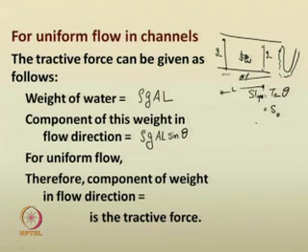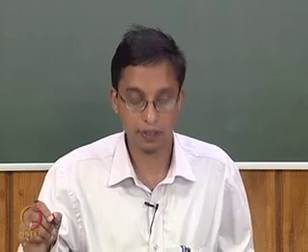So, you can approximate sin theta with tan theta, thereby you can suggest this as your bed slope S naught, right. So, your component of weight in the flow direction, therefore, I can write as rho g A L S naught. So, this is the quantity that will be the tractive force for the bed materials in the channel, fine.